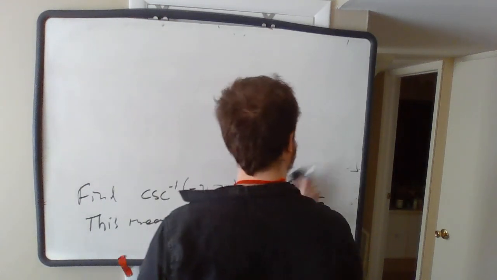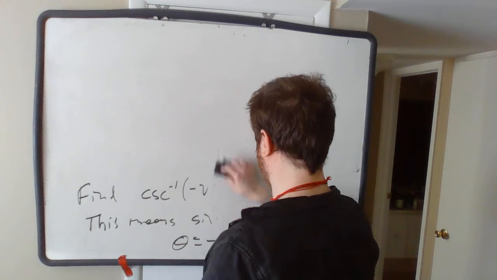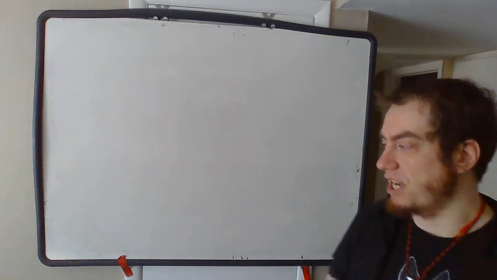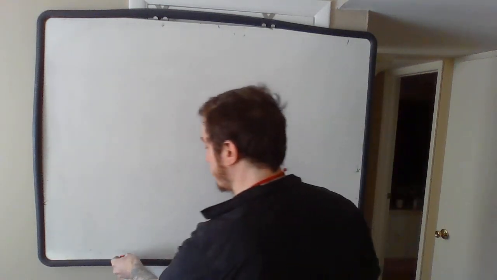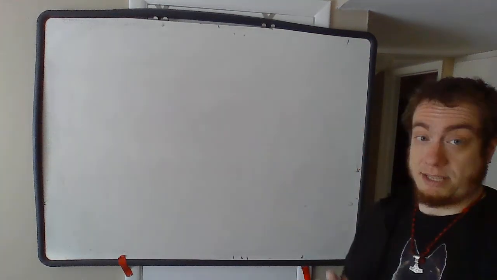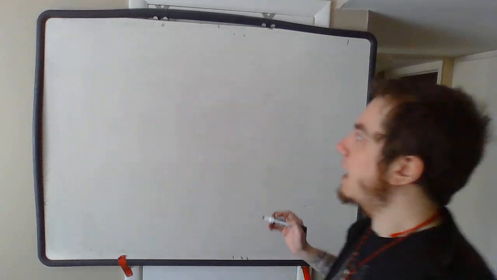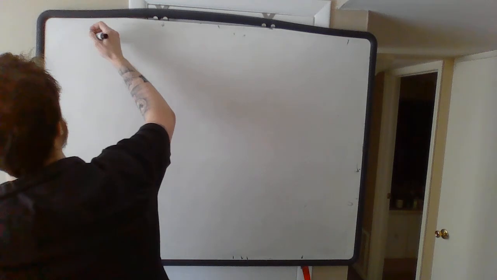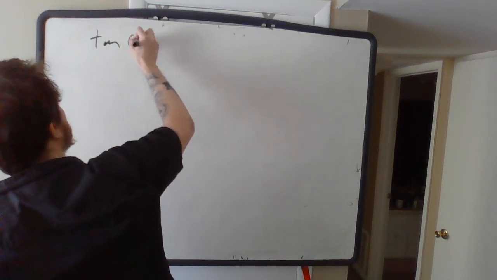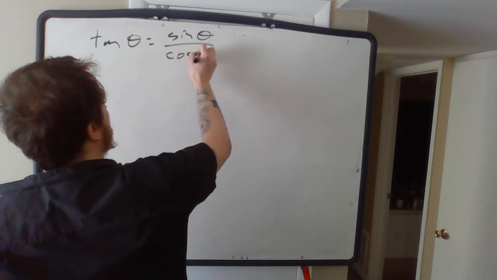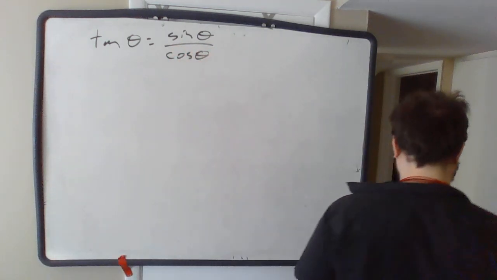Okay, so we took care of finding the inverses for secant and cosecant. Now, what about tangent and cotangent? Well, these are going to be just a hair trickier. Let's do tangent first. Remember that tangent theta is actually sine theta divided by cosine theta.